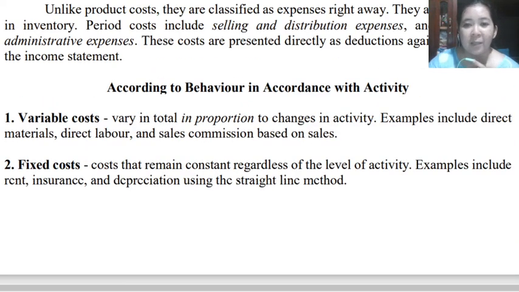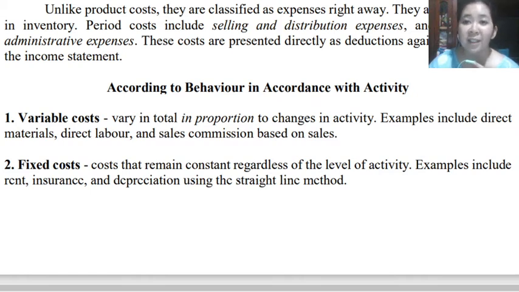Okay, but in this case, under the fixed cost, our common examples are the rent, insurance, depreciation, okay, using the straight line method. In your depreciation expense, there are other methods that are being used, and some are based on the number of output, number of labor hours, okay, and so on, which makes it variable.